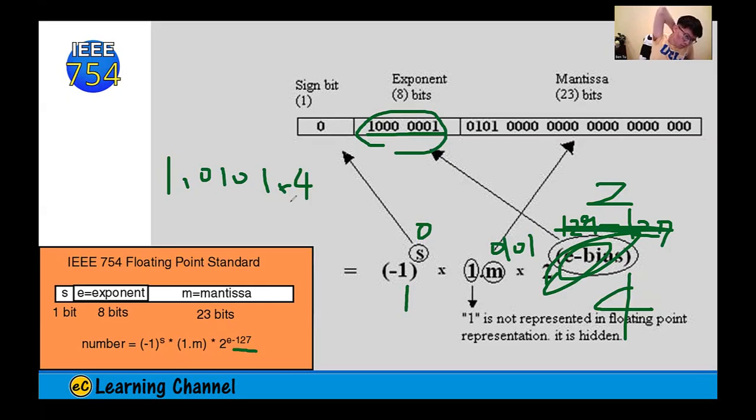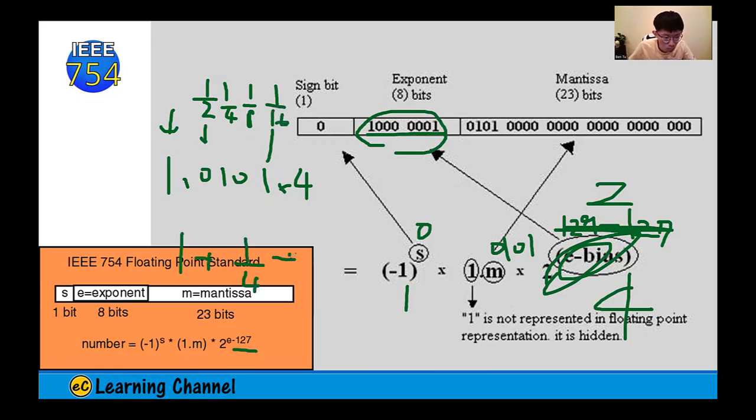No, that doesn't mean that. Actually, this one is 1, this one is 1/2, this one's 1/4, this one is 1/8, this one's 1/16. So you got 1 plus 1/4 plus 1/16, multiplied by 4.